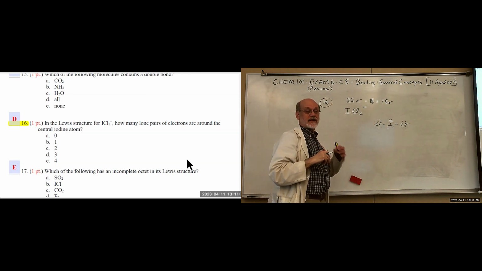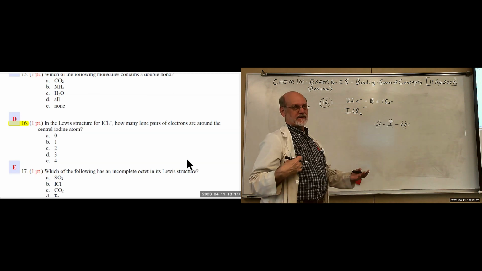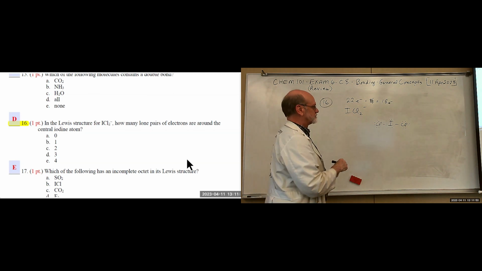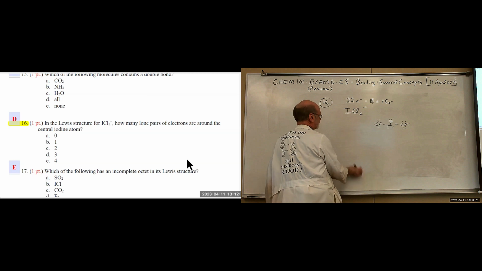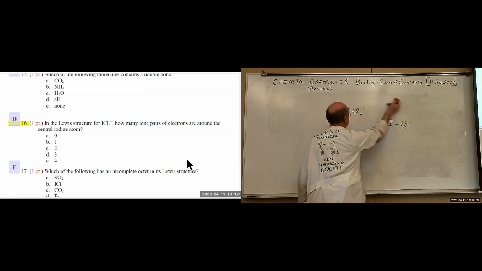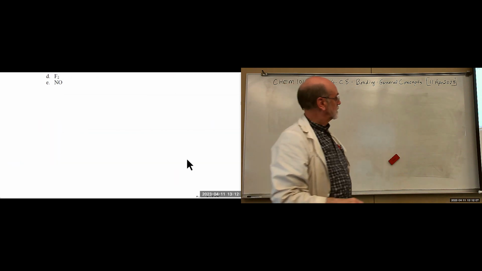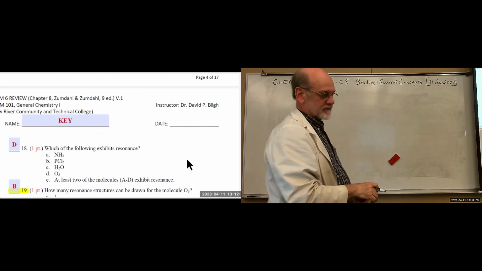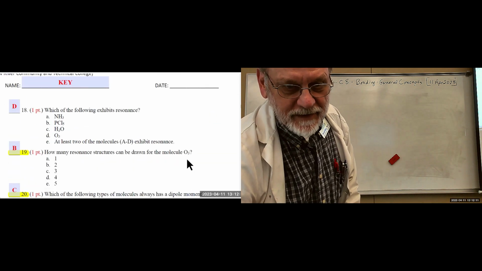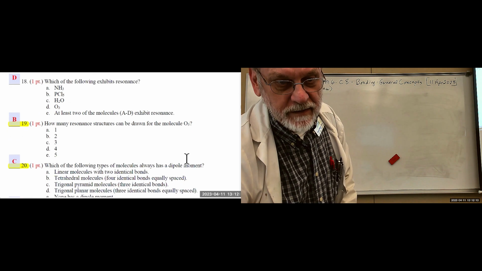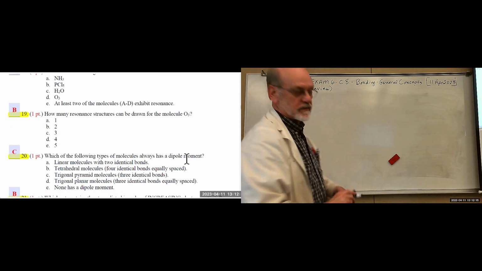Now, if I ask you for how many electrons, it's 6, but there are 3 lone pairs. All right. There we go. 19.